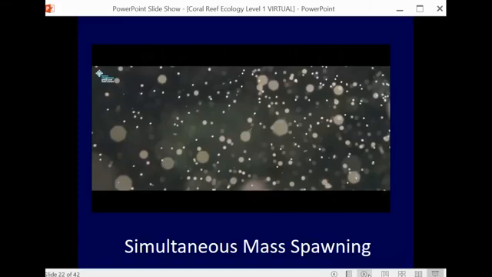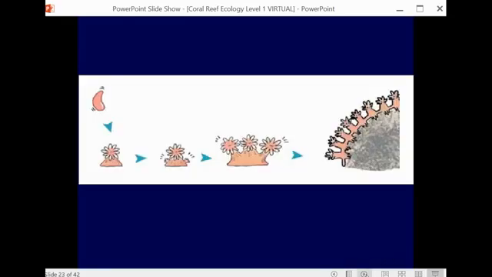With all of this yummy protein in the water, a lot of the animals are going to come and chow down, basically. Hopefully some of them survive. We get a little planula, that's a baby coral, metamorphosizes into a polyp, and once we have a polyp, that's when asexual reproduction through budding takes over, okay? And then over time, we're going to get that colony of coral polyps that we talked about that are all connected to one another.